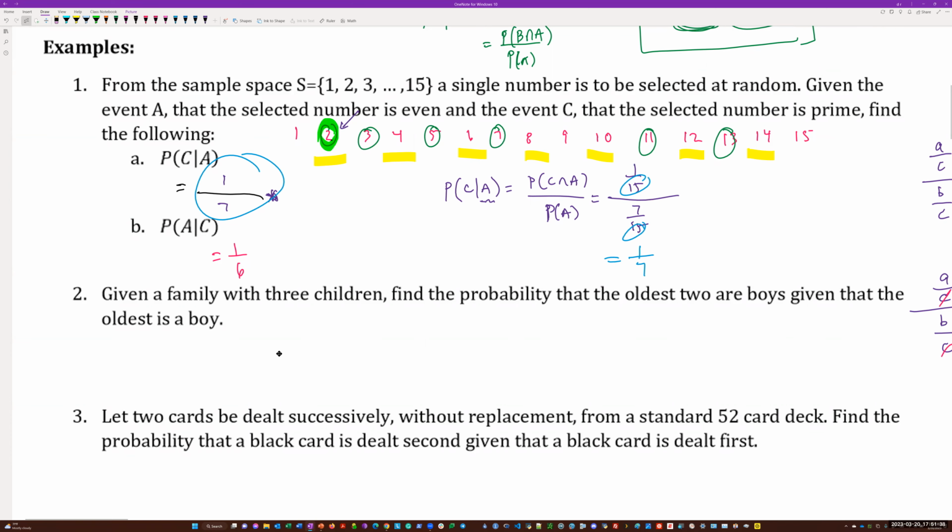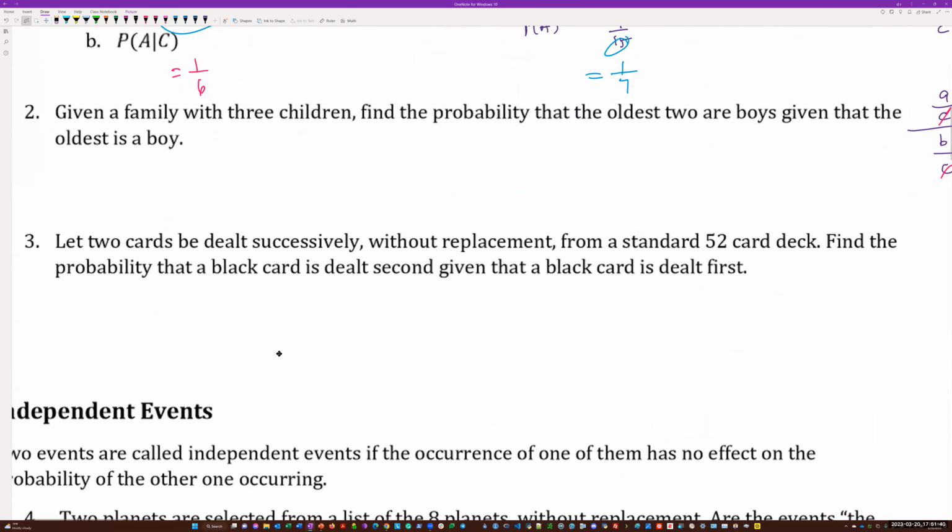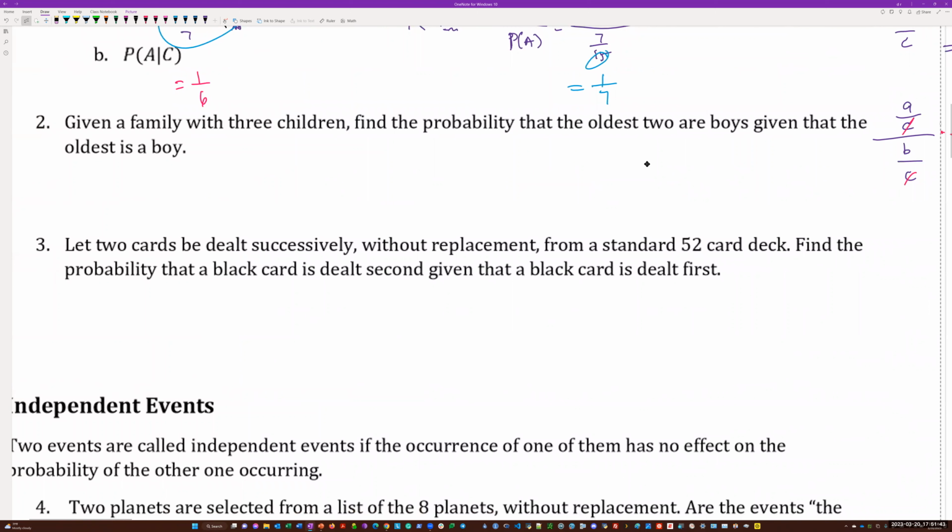All right, given a family with 3 children, find the probability that the oldest 2 are boys given that the oldest is a boy? Could, but what would you say?